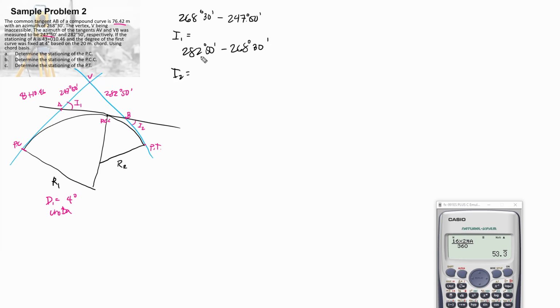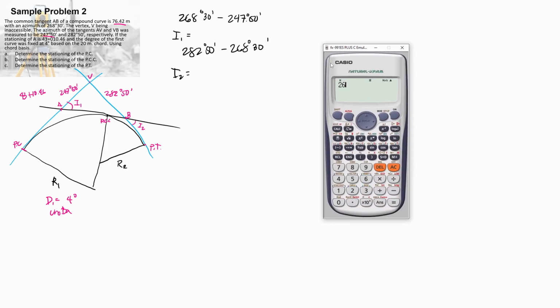So 268 degrees 30 minutes minus 247 degrees 50 minutes, so 20 degrees and 40 minutes. And then dun sa isa naman is 282 degrees, 50 minutes minus 268 degrees 30 minutes is equal to 14 degrees and 20 minutes. So, yan.